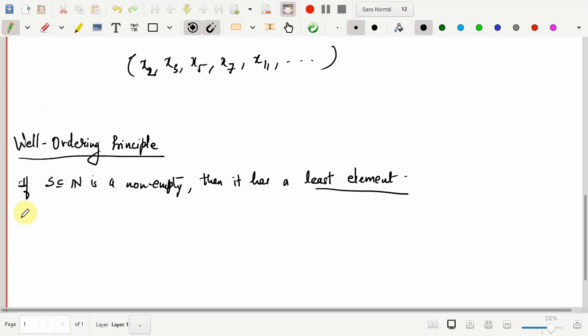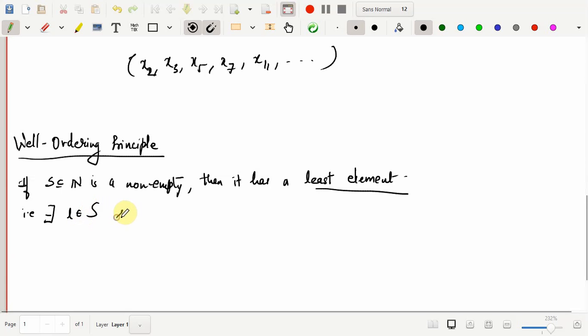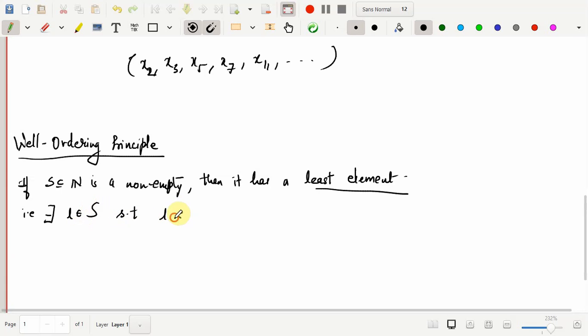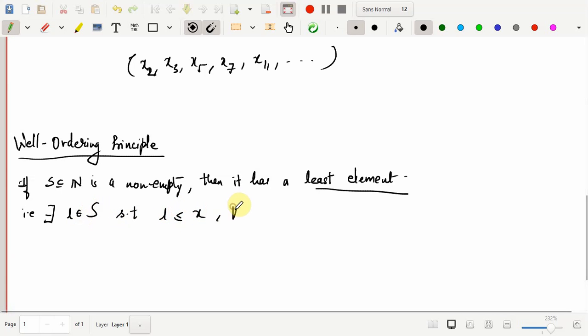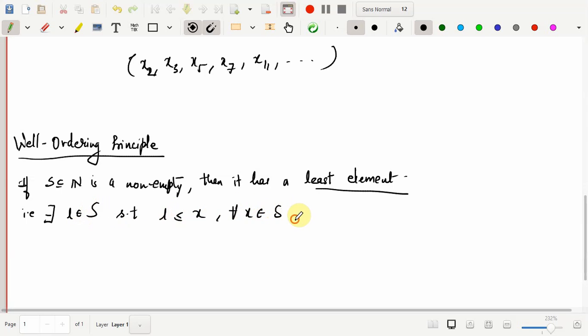That is, there exists an element which belongs to the set itself, such that that element acts as the lower bound. Now the consequence of this well ordering principle is that the elements of any infinite subset of the natural numbers can be arranged in ascending order, right?